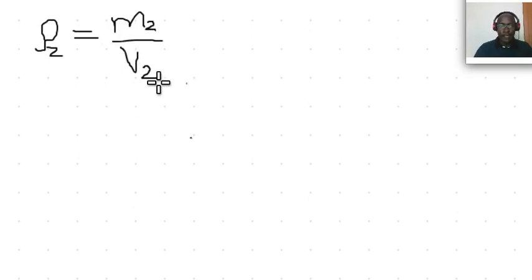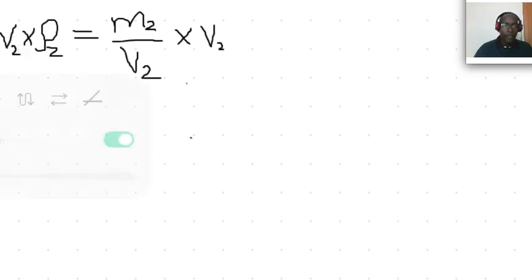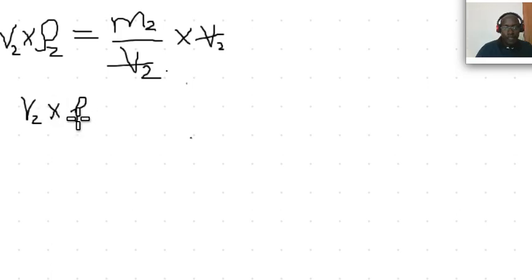In this case, first you need to multiply through by V2, and multiply the other side by V2. What will happen is that this V2 here will cancel this V2. So we shall have V2 times density rho 2 is equal to the mass M2.